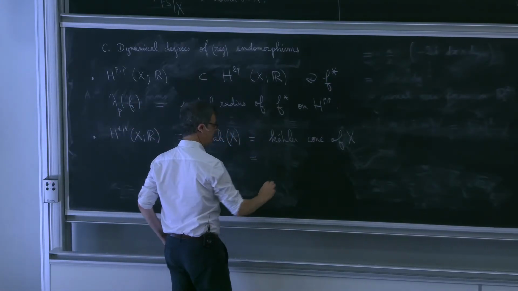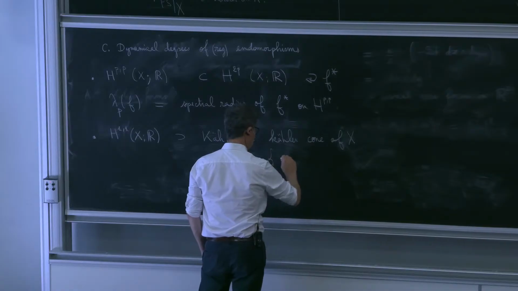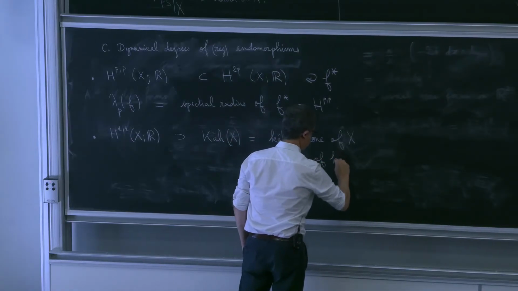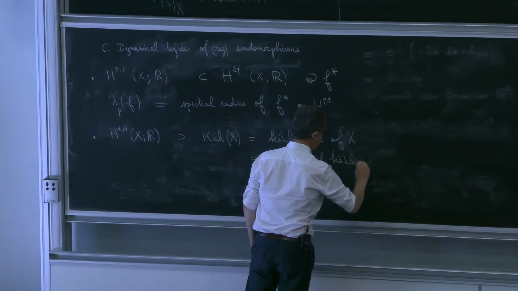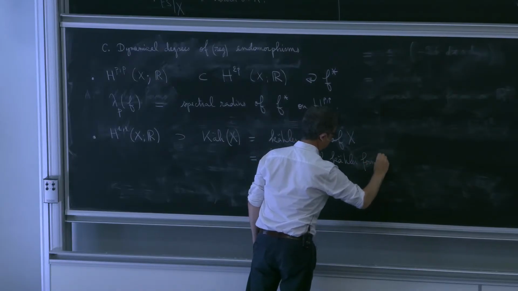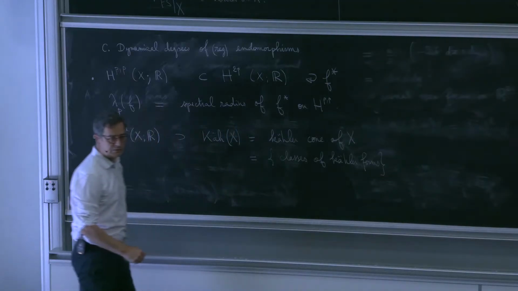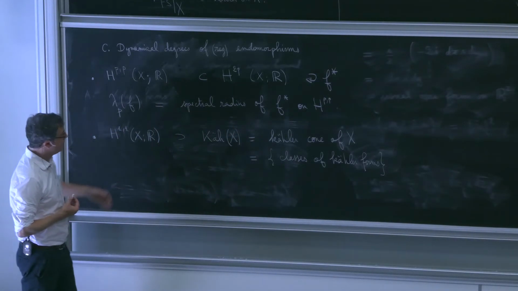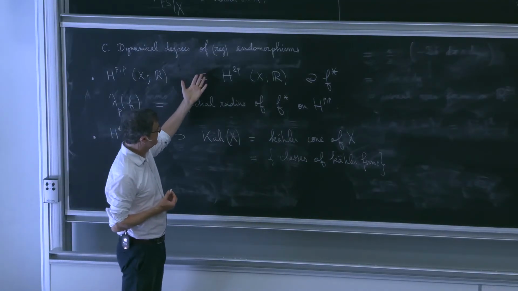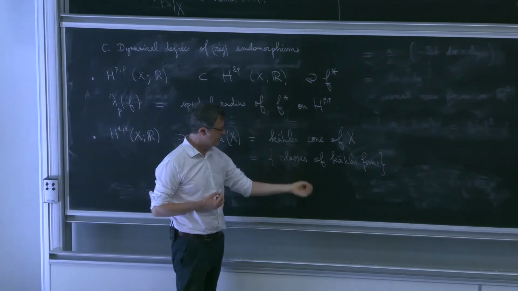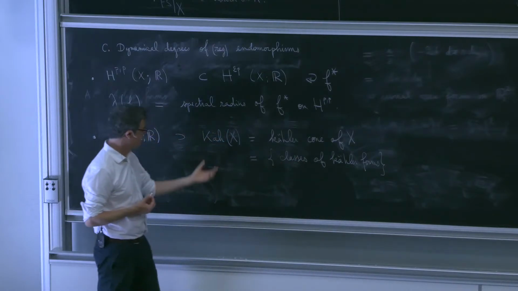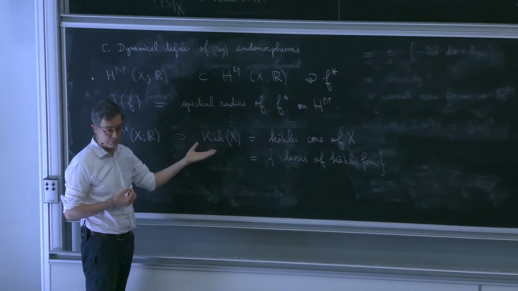It is the cone of all classes of Kähler forms. I'm assuming that X is compact Kähler, so there is at least one Kähler form, and then I can take the class of this Kähler form, and I get an element in this cone.